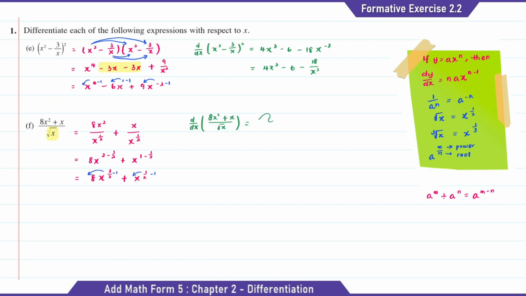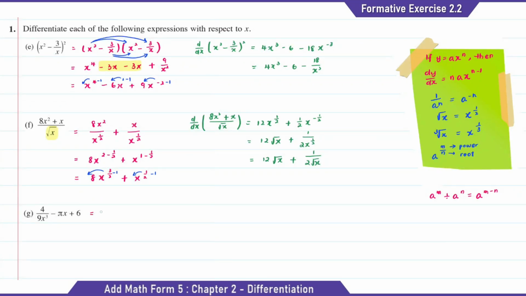Differentiate this, we're going to get 12x to the power of 1 over 2 plus 1 over 2x to the power of negative 1 over 2. This is equal to 12 square root x plus 1 over 2x to the power of 1 over 2. So the final answer will be 12 square root x plus 1 over 2 square root x.